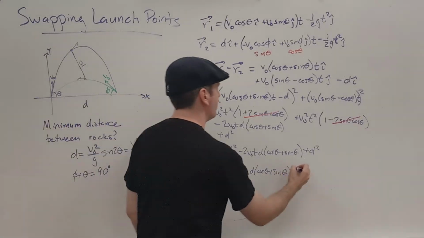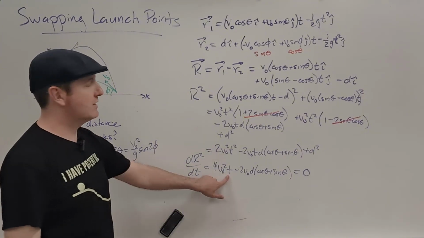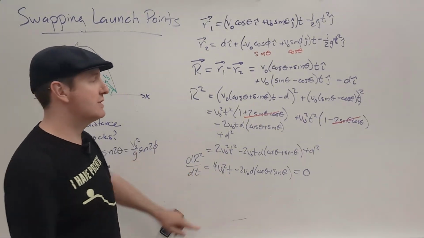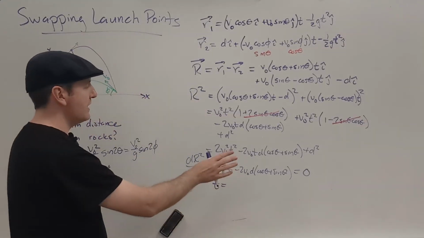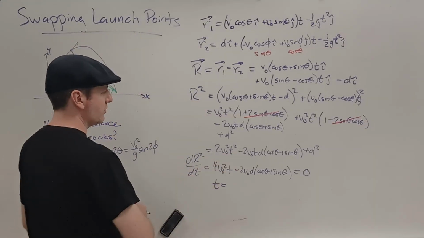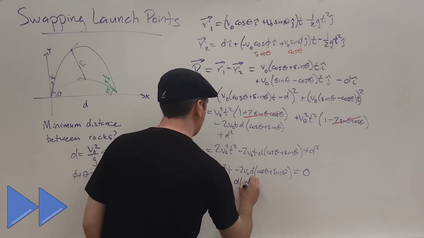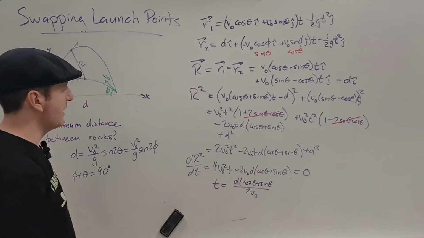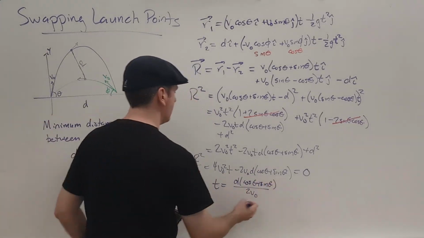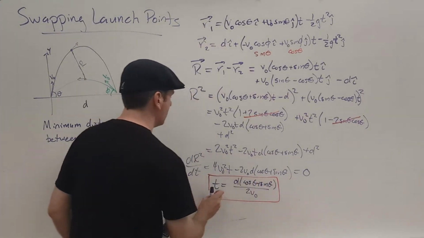But I want to set this whole thing equal to 0 because I'm trying to minimize this. And I'm going to use that to solve for the time at which these become closest. Pretty easy to do that. It's linear. Notice one of the 2's will cancel. One of the V0's will cancel. Okay, so this is my first answer. It's not really the answer I want.